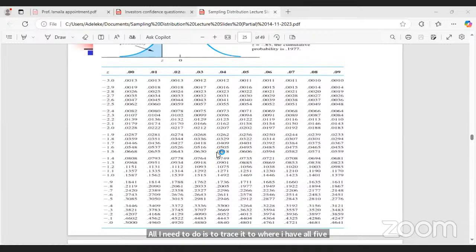The value there is 0.0495, which will be the required probability. So that is how to check the Z table, and I think it's clear enough. So we'll be making use of it.